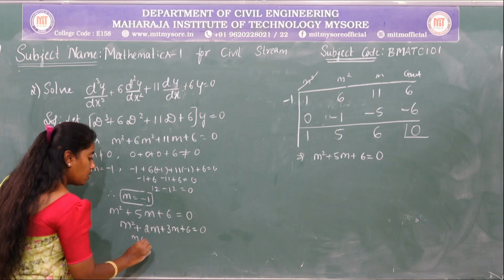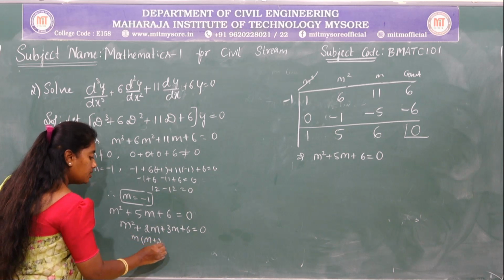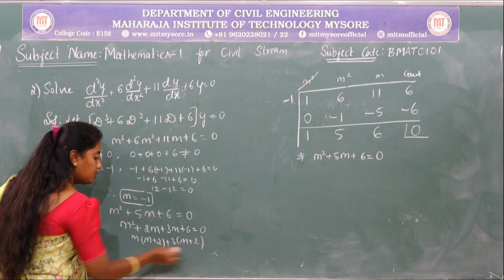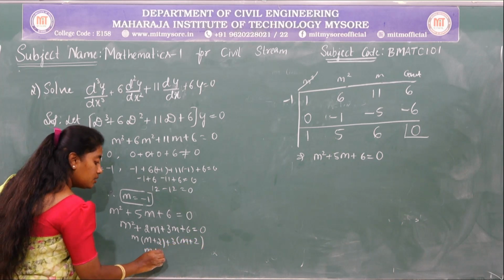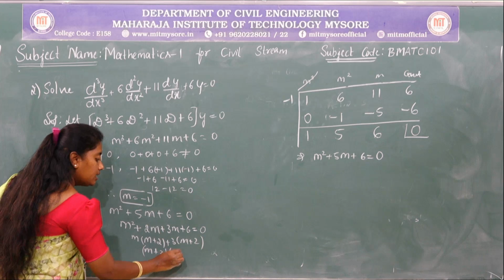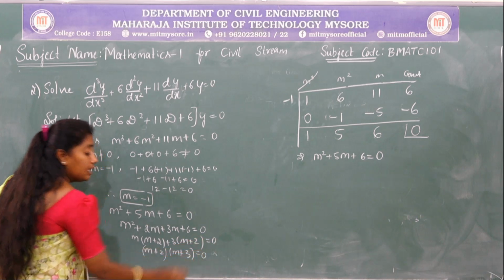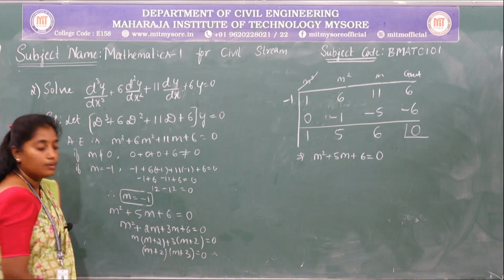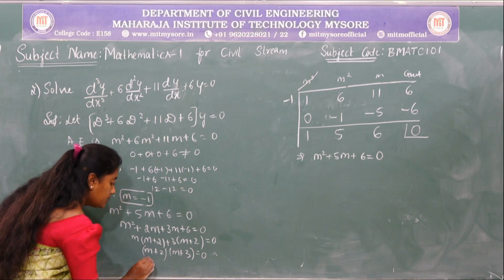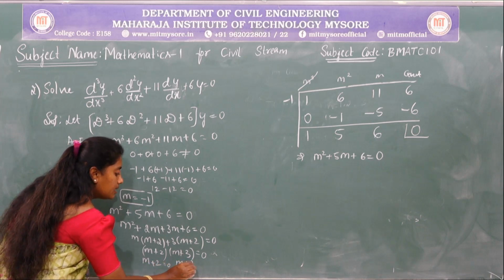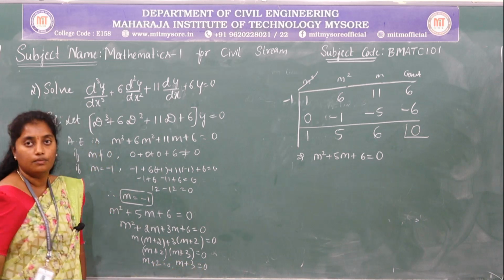On taking m as a common term, we get m plus 2. On taking 3 as a common term, we get m plus 2. On taking m plus 2 as a common term, we get m plus 2 and m plus 3 equal to 0. So the two factors are m plus 2 equal to 0 and m plus 3 equal to 0.